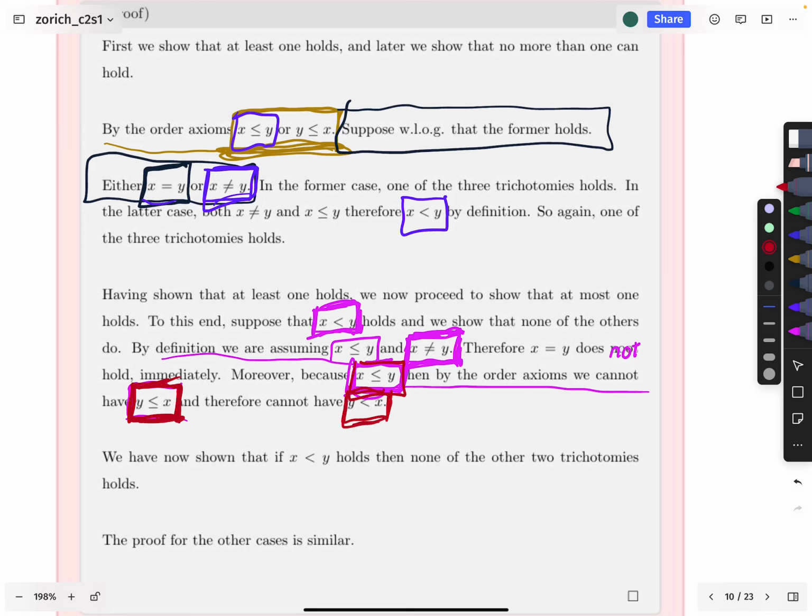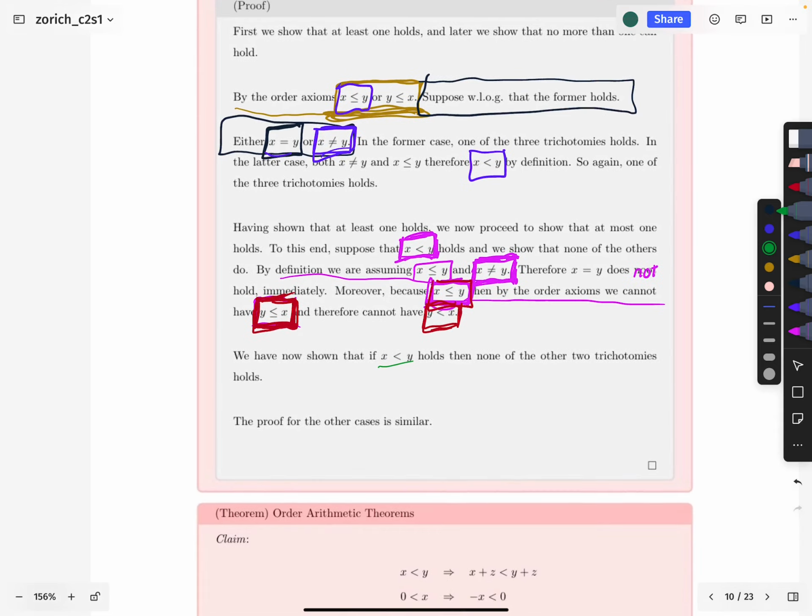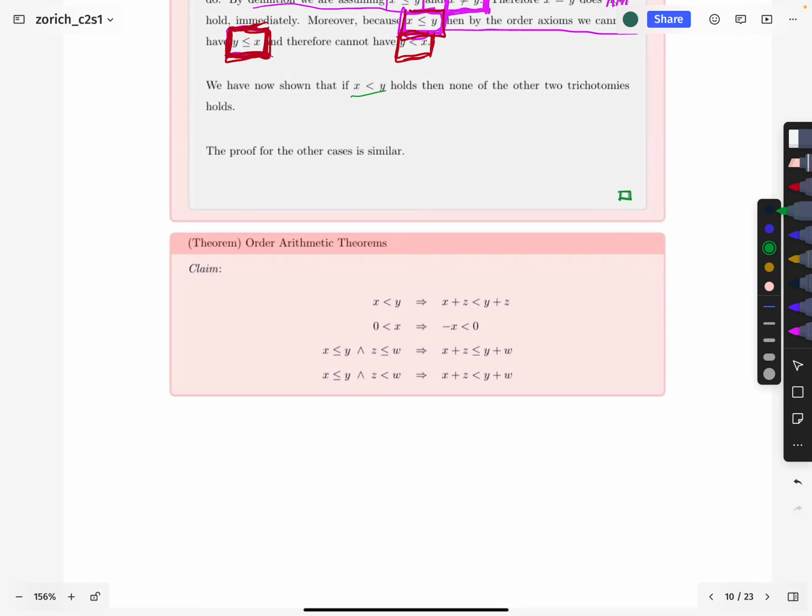So anyway, I hope that's clear. So I have now shown that if x is strictly less than y, then none of the other two cases in the trichotomy holds, and I claim that the remaining cases are either easy or proved similarly, so I write the Halmos.